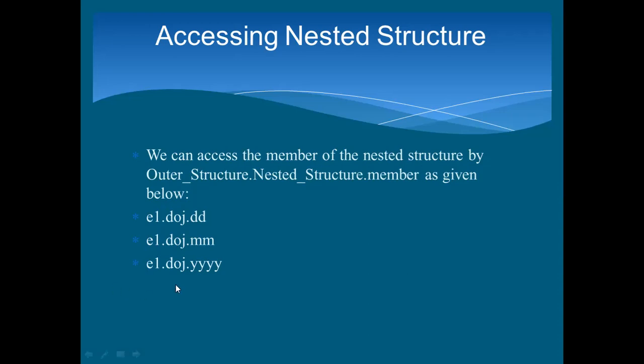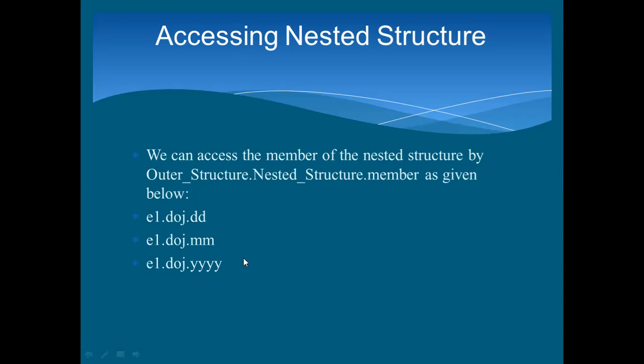Now to access the month, we have to specify the variable. Here it is E1.doj.mm, and you want to access the year, the name of the variable is E1, its member is doj. DOJ is a member of E1, and DOJ itself contains another member, that is the YY.